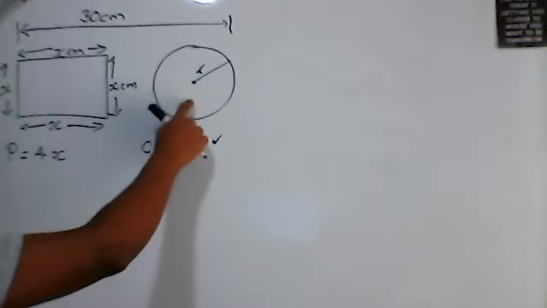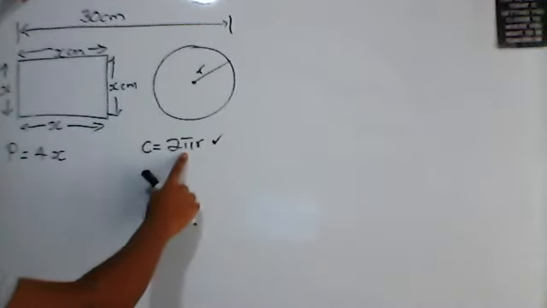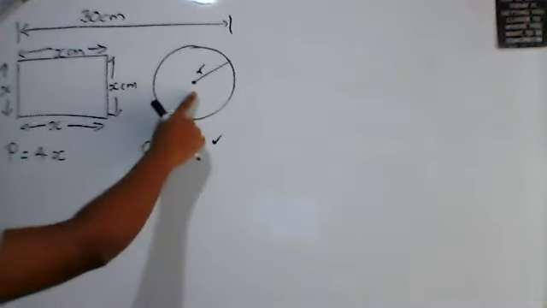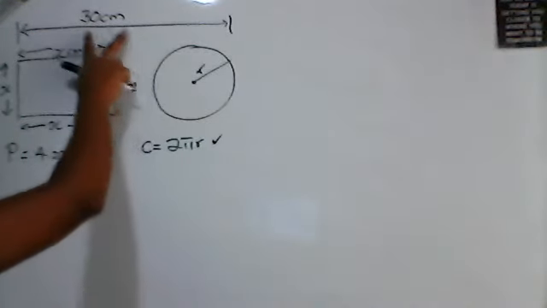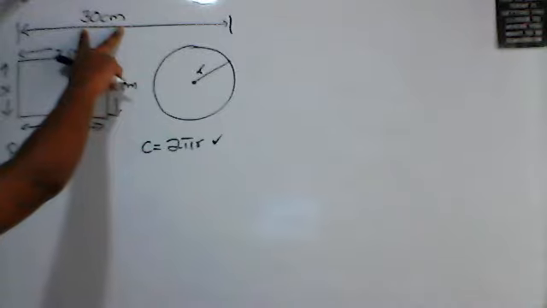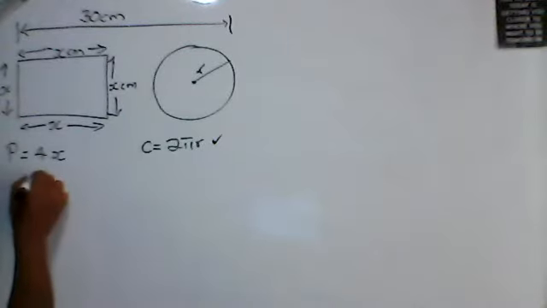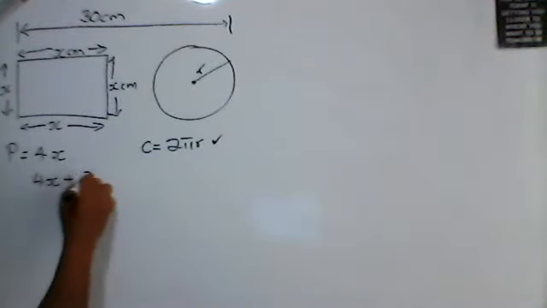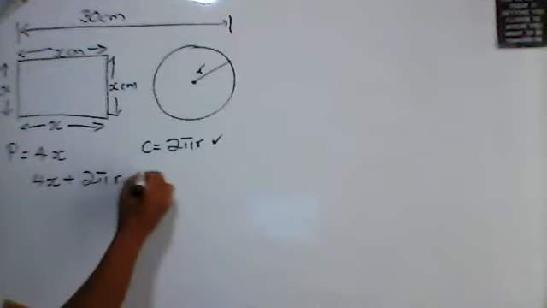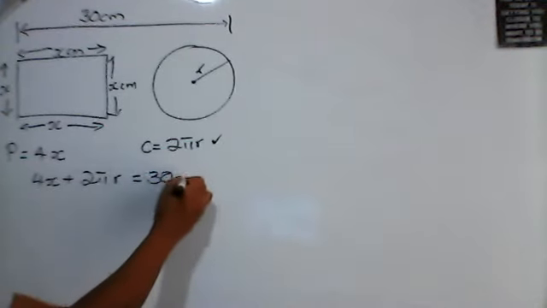The perimeter of this circle is 2 pi r. If we add these two, they must add up to 30 centimeters. So 4x plus 2 pi r must give us 30 centimeters.